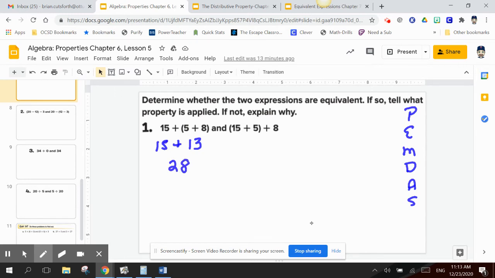Over here we have 15 plus 5, which is 20, and 20 plus 8 is 28. Are 28 and 28 equal? Yes, they are equal. So since they are, what property is being applied? Because our numbers are grouped, that would be the associative.